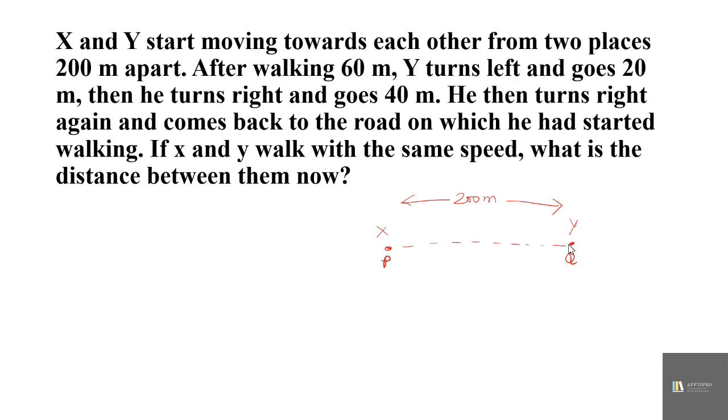So Y walks for 60 meters. Then he turns left and goes for 20 meters. And then he turns right and goes 40 meters.